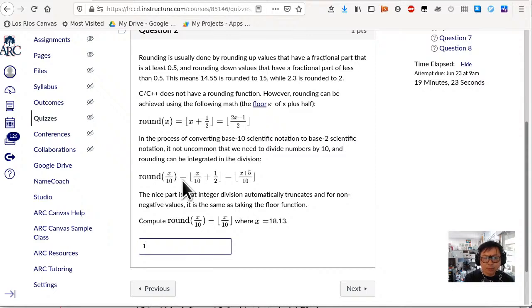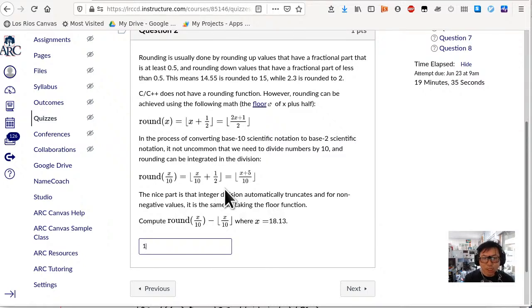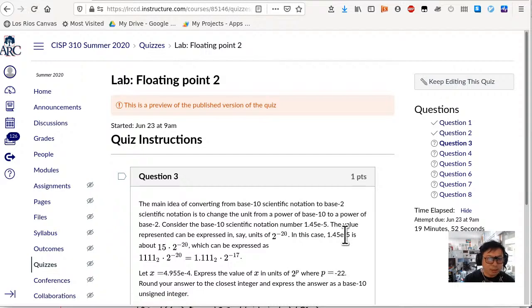So if the value that we are trying to round is the result of division by a divisor that is a multiple of 2, then we do not need to do any type of actual real number division. We can do everything in integer division, and that's the whole purpose of question number 2, to illustrate that point. So moving on to question number 3.